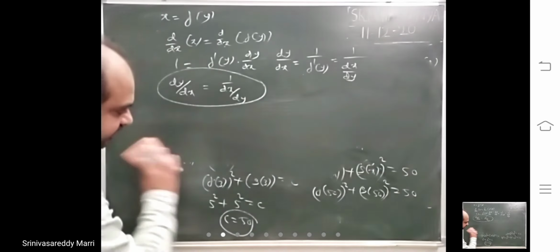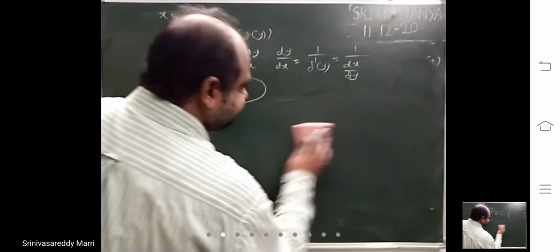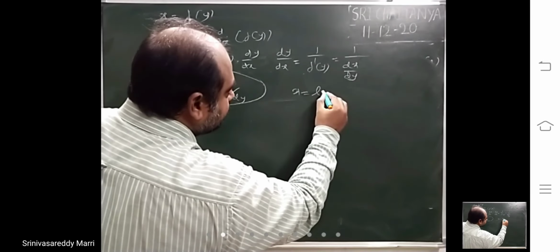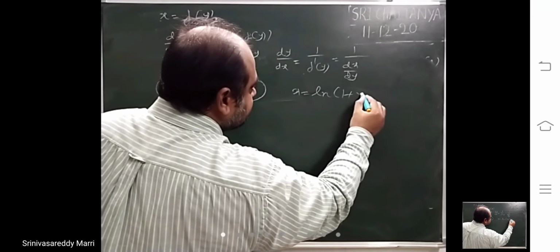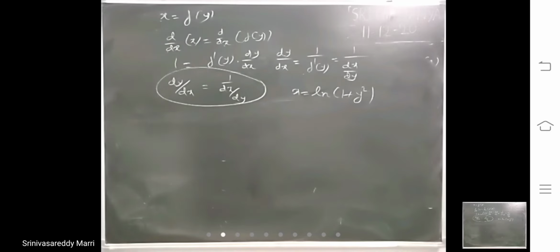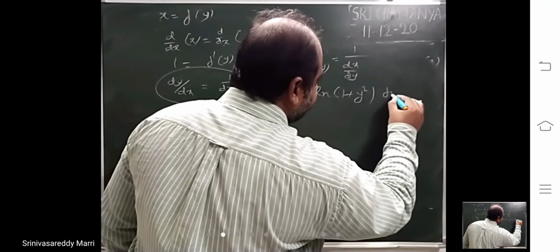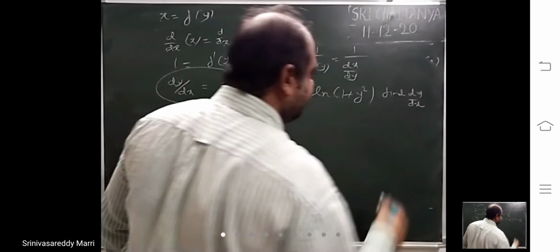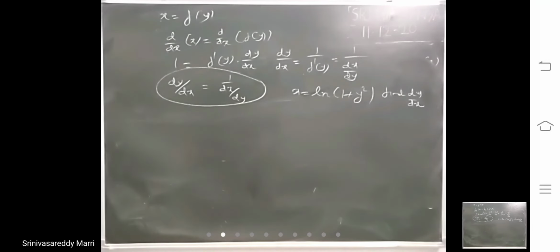Look at how useful it will be, especially when x as a function of y is given. Let us say x equals ln of 1 plus y square. Suppose you have to find dy by dx. Look, it is a function of y.